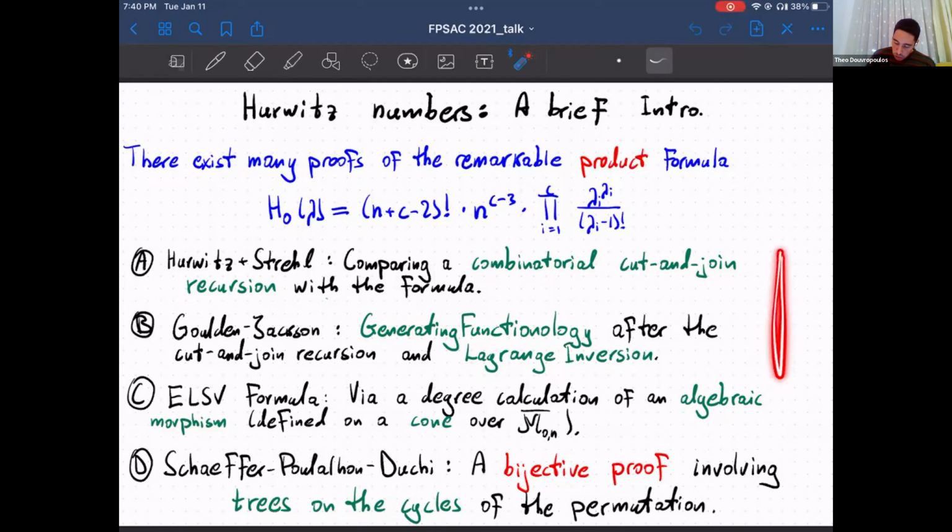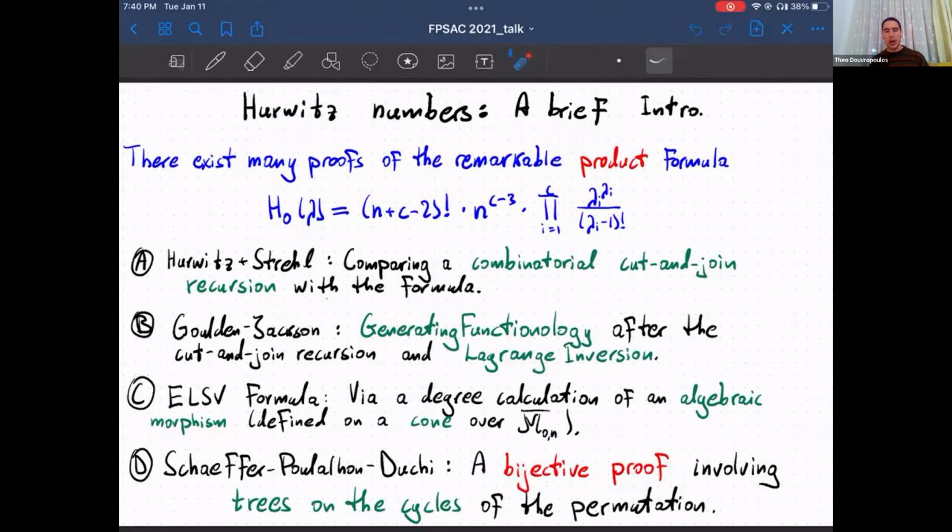The reason that I mentioned these together is they didn't explain the product structure of the formula. Right? There is, moreover, a very popular geometric proof, in a much broader setting where we have an ELSV formula. We have a way to connect the counting of factorizations like this, and for higher genus, to a geometric object.